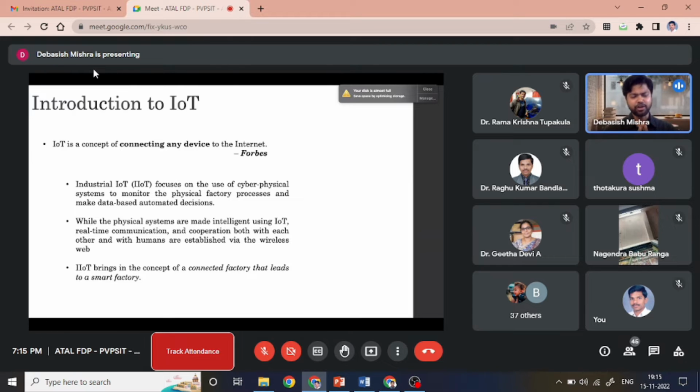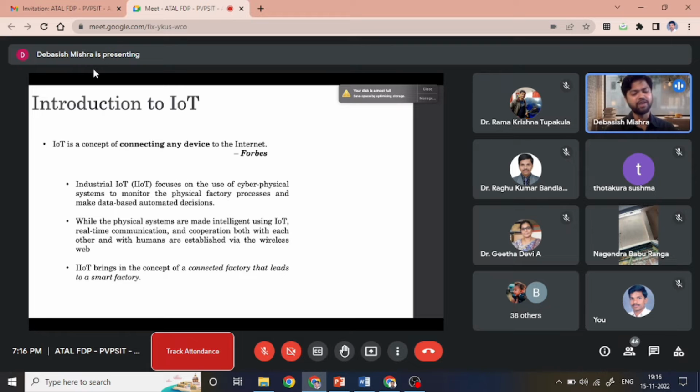When it comes to applying this in industries, we know that the devices to be used as IoT devices are to be much more rugged than traditional devices, because they are to sense in an industrial environment. That's why when IoT is applied to the industry concept, we refer to it as the IIoT, or the Industrial Internet of Things, and that focuses mainly on the use of cyber physical systems.